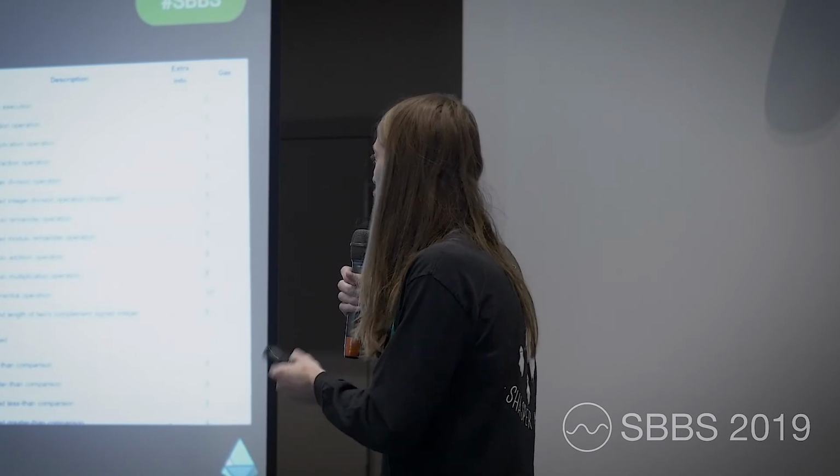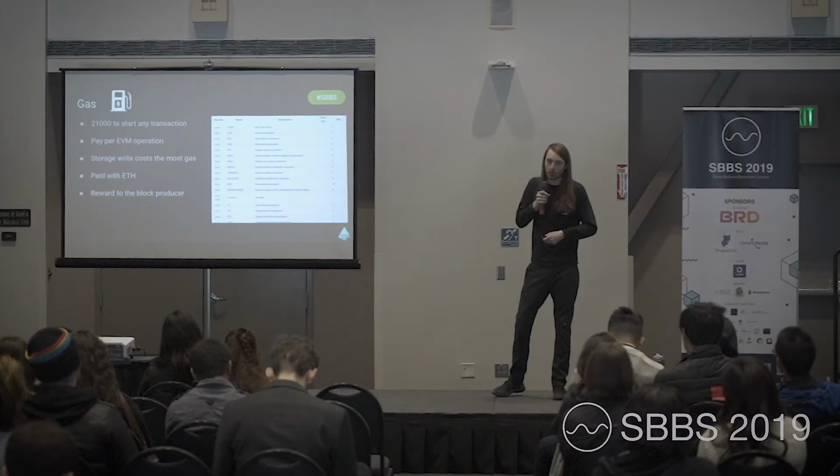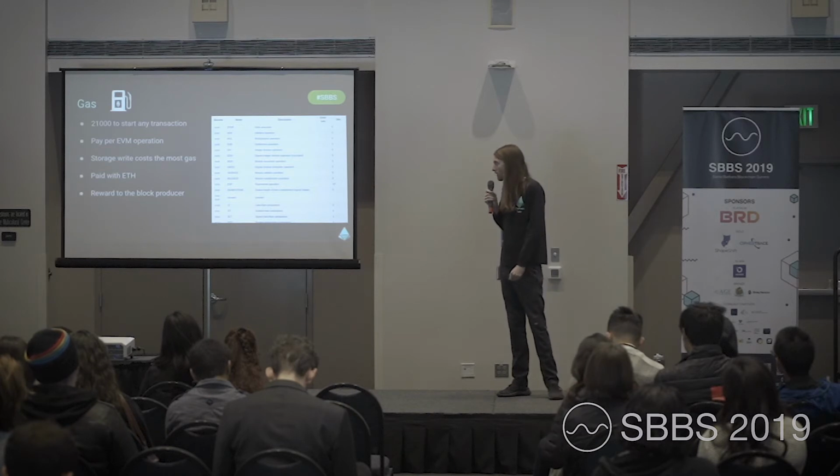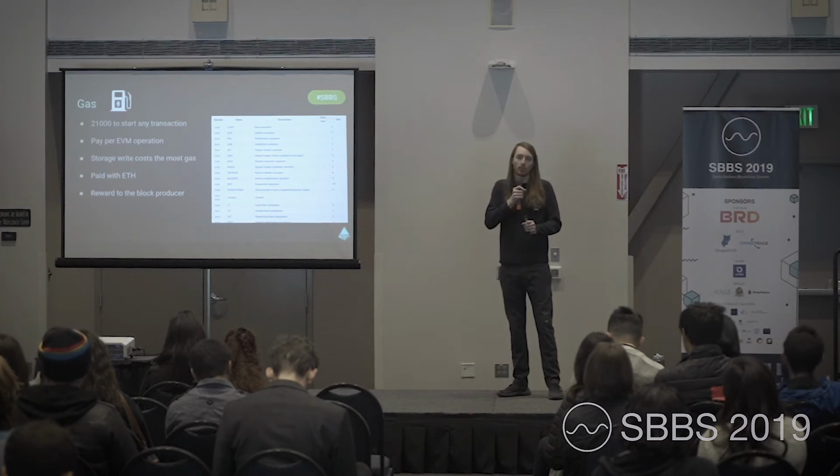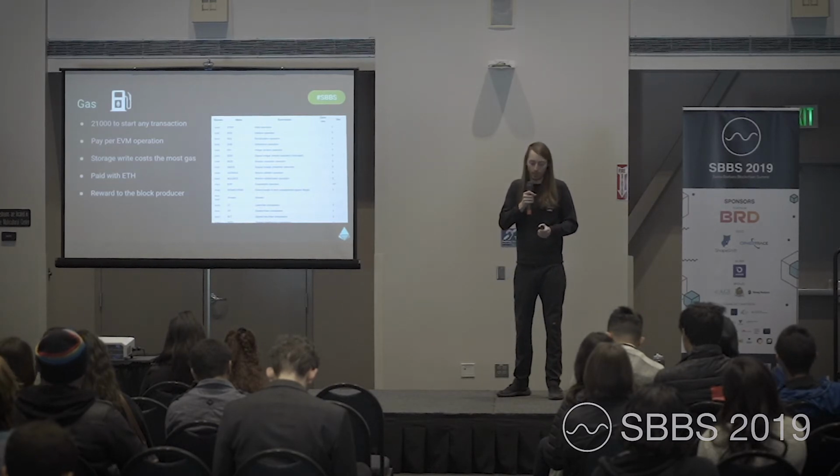That's all programs are anyway. We're going to pay for every operation, where storage costs the most. Since storage costs the most, we bring back this idea of crypto economics. So how do we incentivize people to clean up after themselves? We'll actually give you a refund if you delete your storage after you're done with it. So that's pretty cool. The gas that we pay is paid in ETH, and that goes to the block producer, the miner that produced this block.